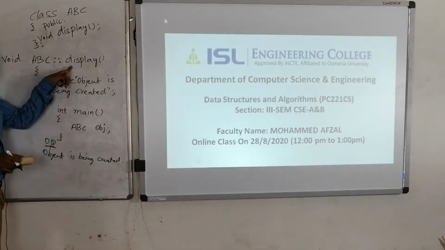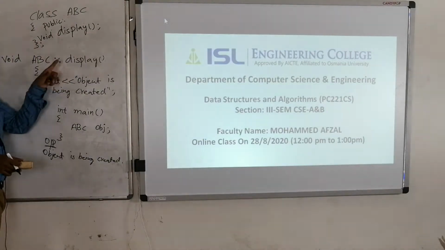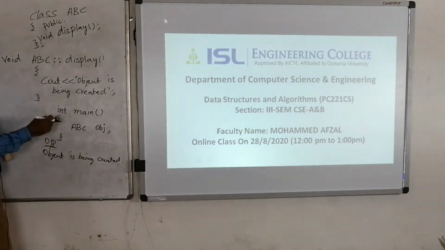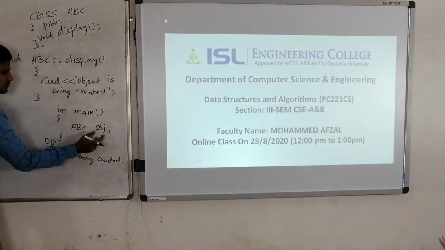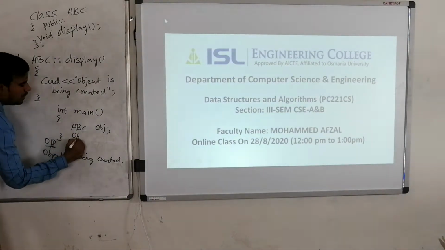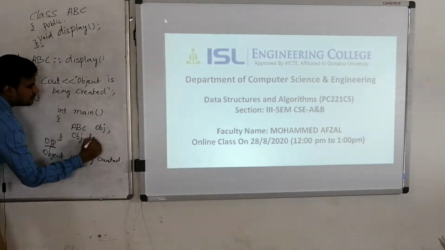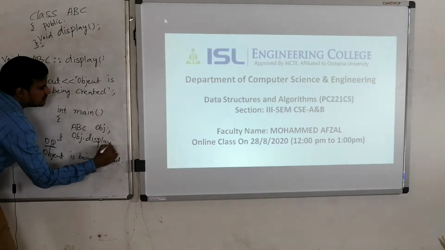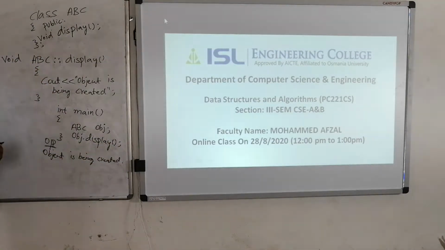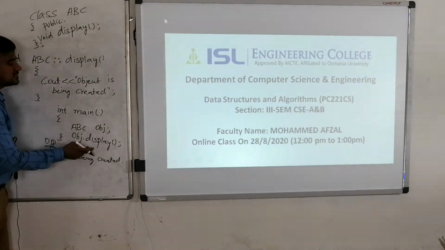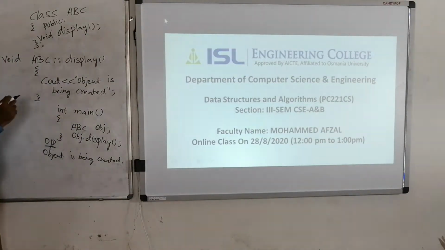Because it is not a constructor, we have to call this function with the help of the object. In order to print this message, I have to put obj.display. Then only you will get that message on the output screen. So, being a regular member function, it requires a special invocation with the help of the object.